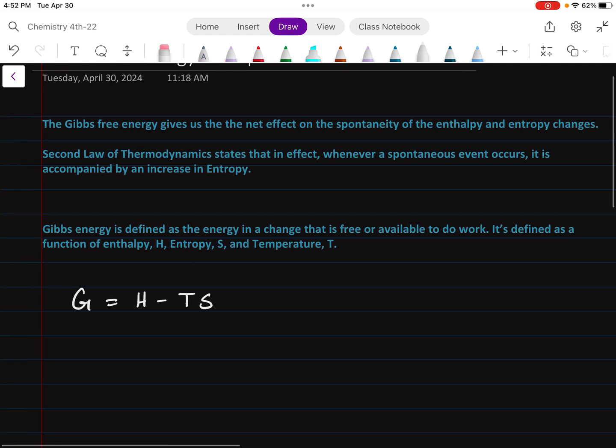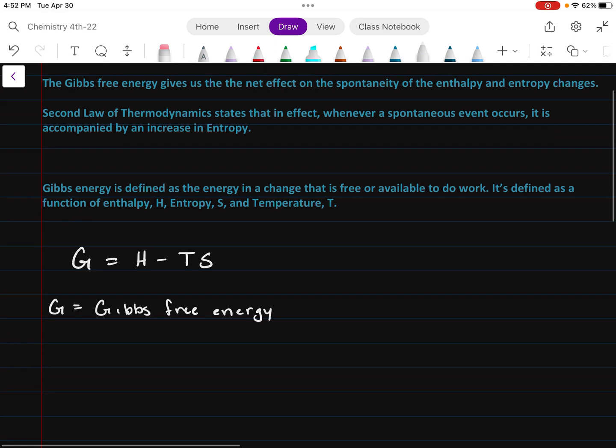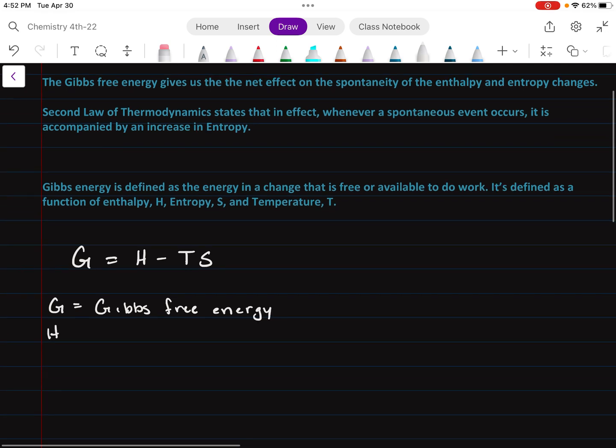Remember that G is going to be equal to Gibbs free energy, H is going to be equal to the enthalpy, S is your entropy, and T, of course, is going to be your temperature in Kelvin.